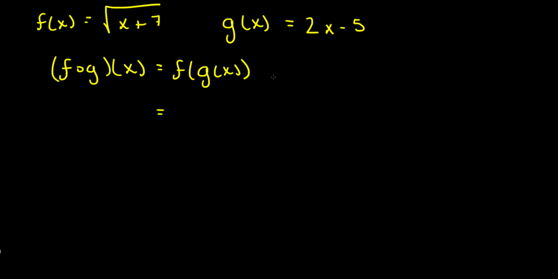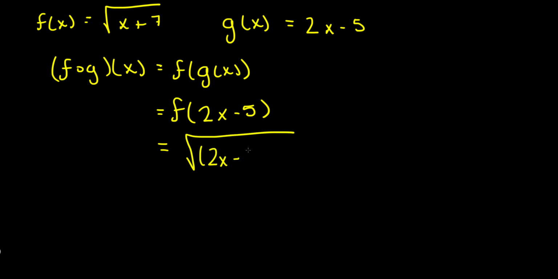g of x is 2x minus 5, so I'm going to substitute that directly in here. So we're looking at f of 2x minus 5. And then again, we're going to substitute 2x minus 5 into any place that there's an x in my f of x function. So again, x now becomes 2x minus 5, plus 7.